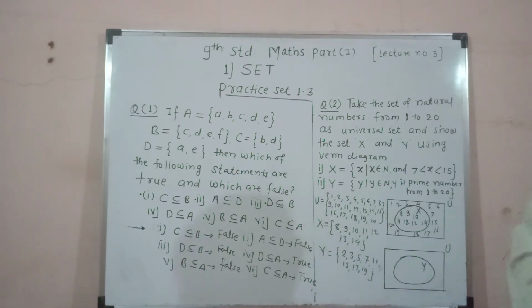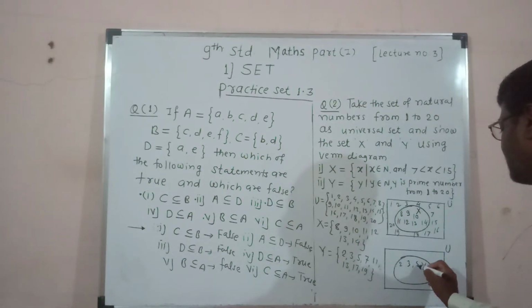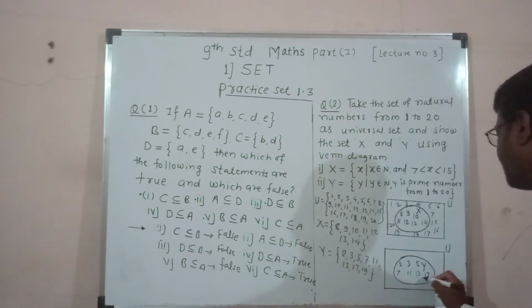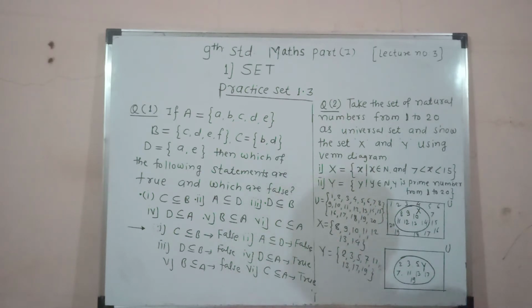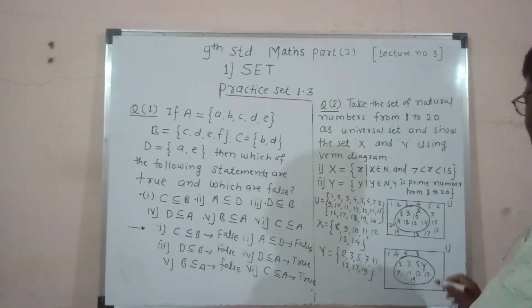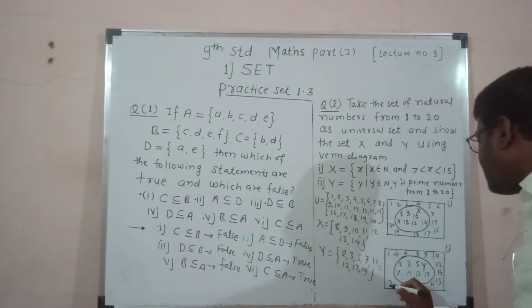Now in the other case, that is number 2, write the elements of set Y in the inner circle as 2, 3, 5, 7, 11, 13, 17 and 19, and write the remaining elements outside this circle, and those elements are 1, 4, 6, 8, 9, 10, 12, 14, 15, 16, 18 and 20.